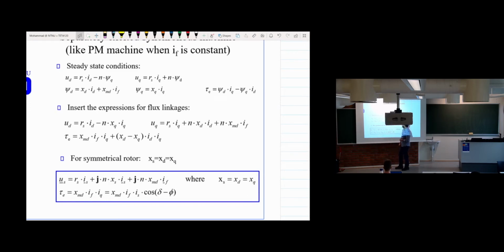But in a permanent magnet machine, where the magnet is fixed rather than separately excited, we cannot change this part. So we can only change the currents, IQ and ID. We need to define how to find the IQ current reference and the ID current reference based on the torque that we want to have. So these are the two controls that we are talking about.